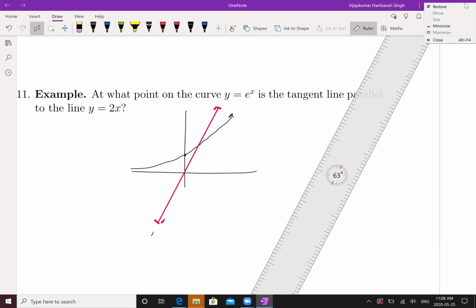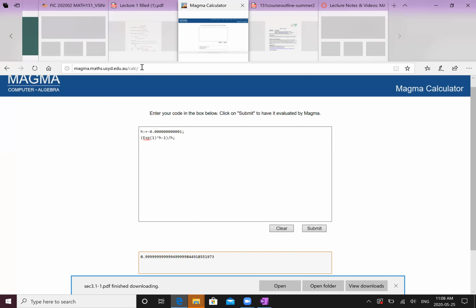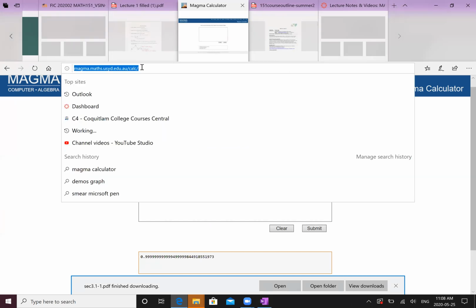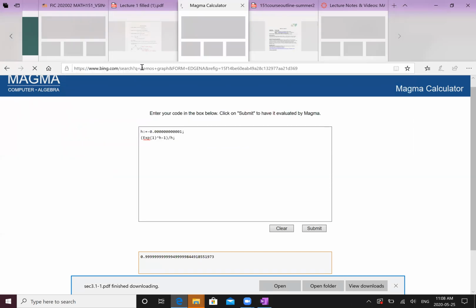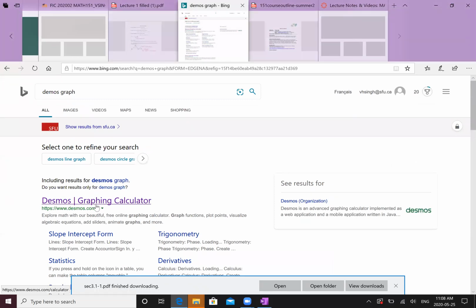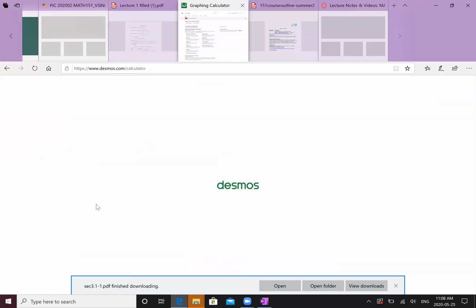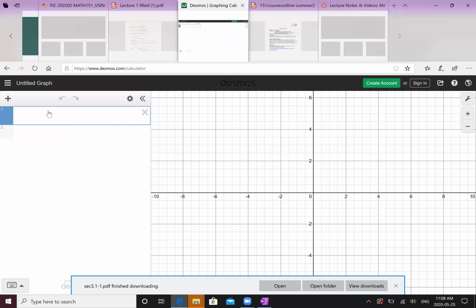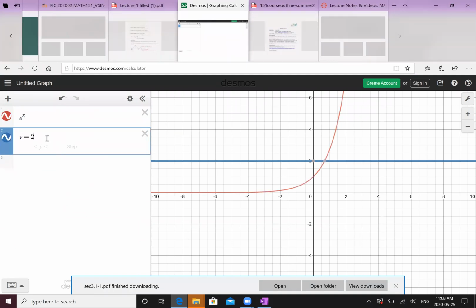So, Desmos graph. Here, let me draw y equals e to the power x, and let me draw y equals 2x.